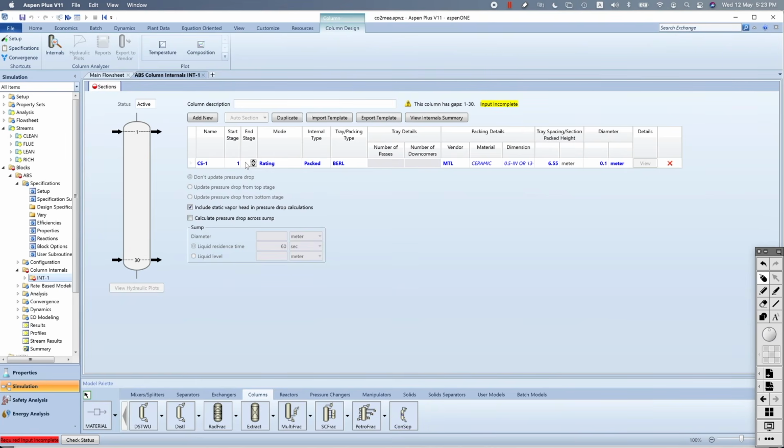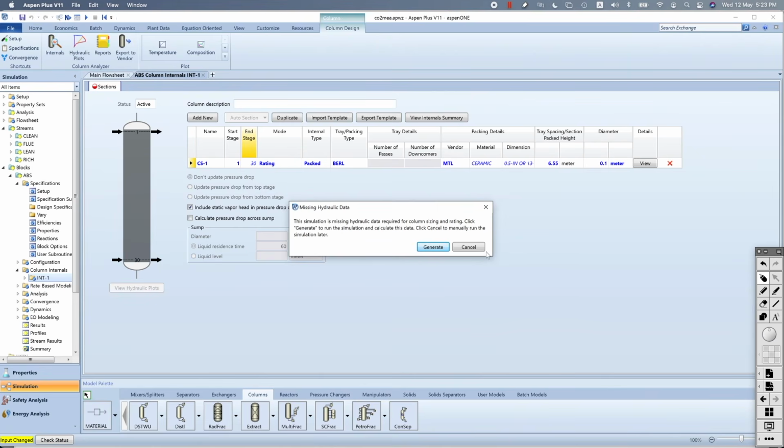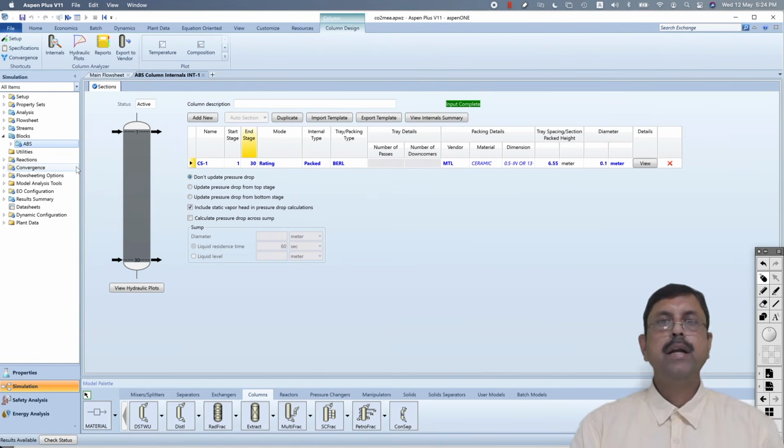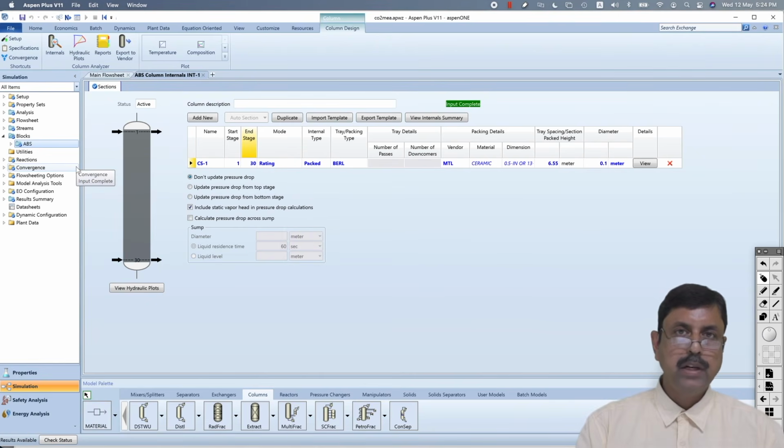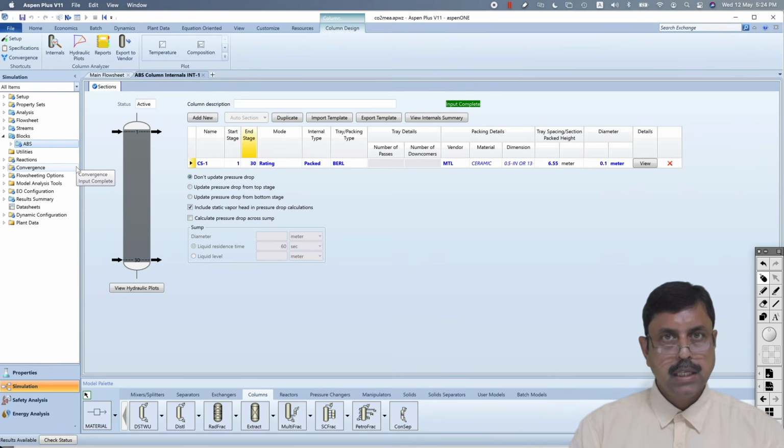That is the reason we are going back to the 30 stage column. We are done with the absorption column. Now we'll shift to the stripping column.